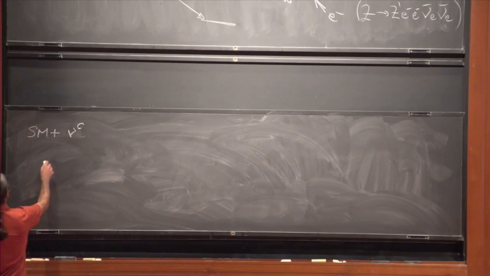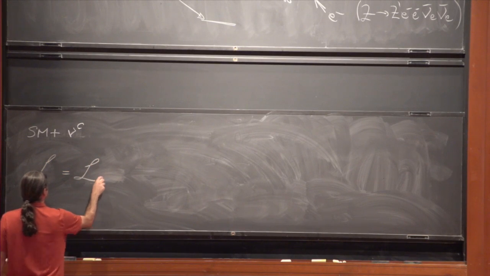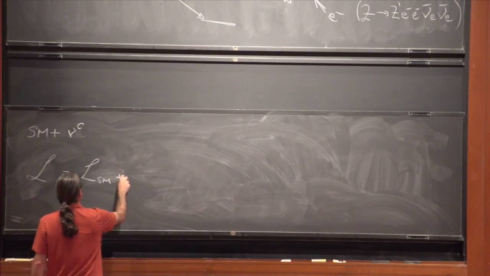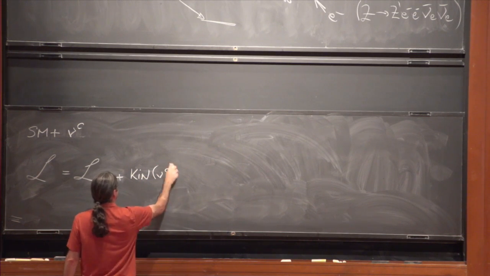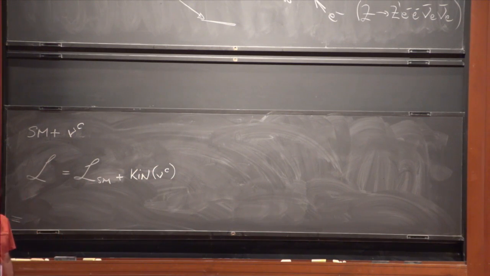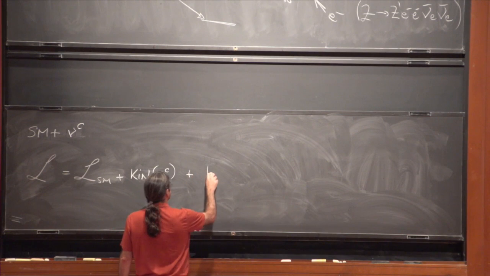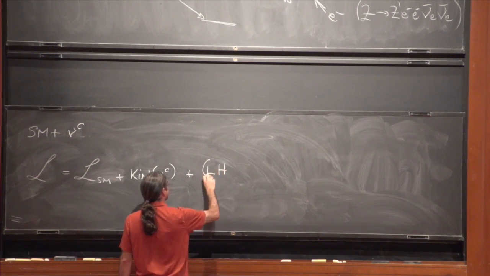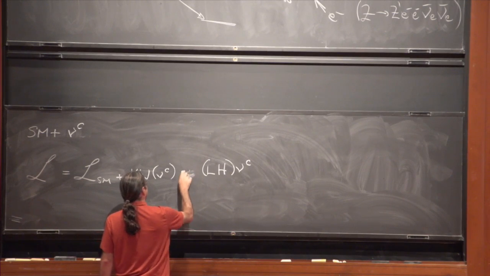So I have a Lagrangian that looks like the Standard Model Lagrangian plus some kinetic energy term for this new N^c field that I wrote down. And then you appreciate the fact that this guy can marry this LH combination with some Yukawa coupling.